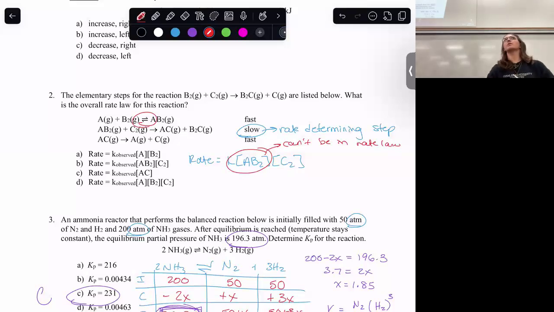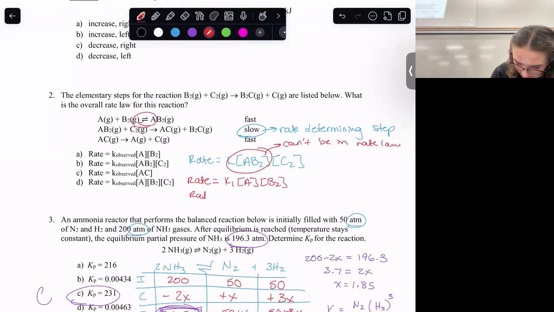So what do we know if something's at equilibrium about the forward and reverse reactions? Their rates are the same, right? So if we were to write a rate law for the forward reaction, the first reaction, and for the reverse reaction, we'd have rate equal to K1 times A times B2.